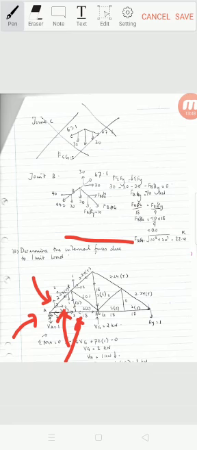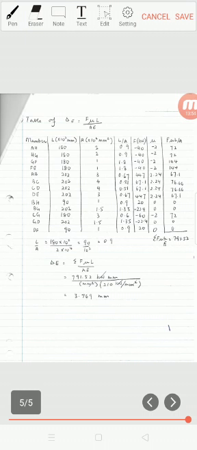So these are all the answers that I got. And I then tabulate all the forces F and mu in this table according to the earlier table provided in the question.